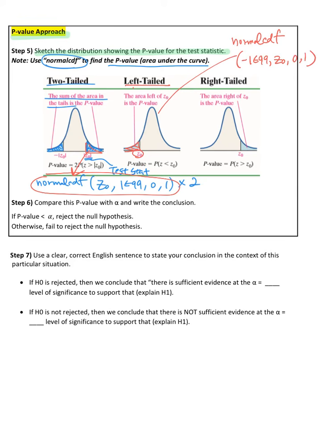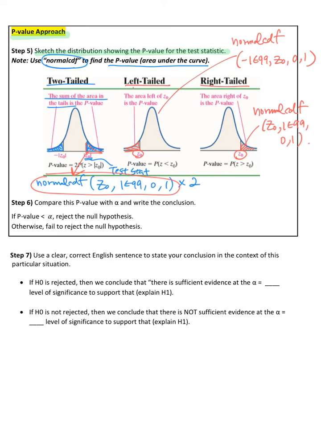That's going to give you the left area. For the right-tailed test, it's the area to the right of the test statistic: normal CDF, test statistic, 1E99, 0, 1.